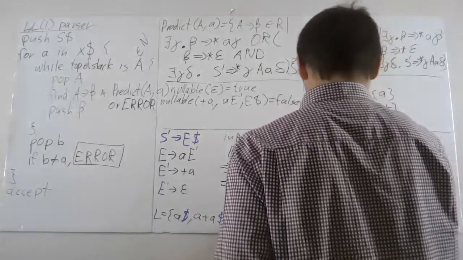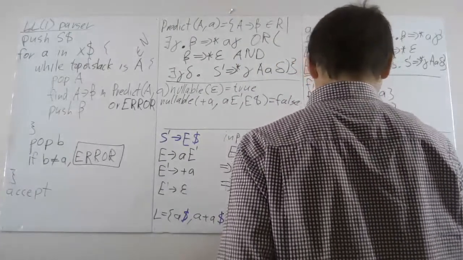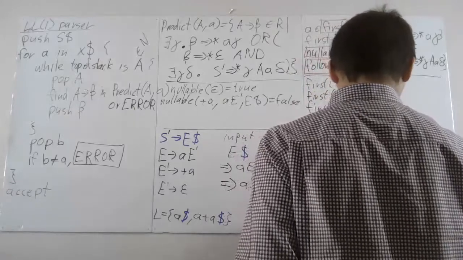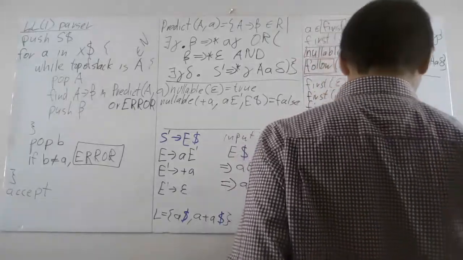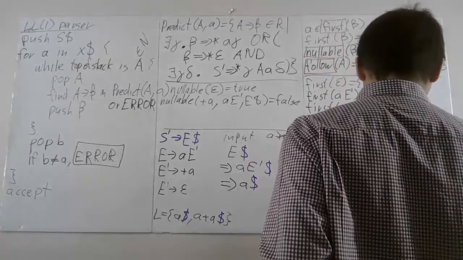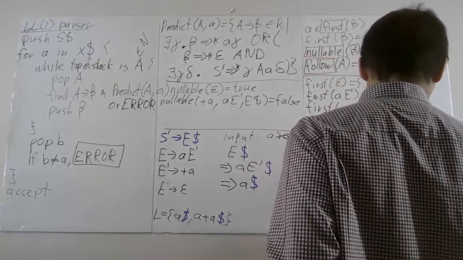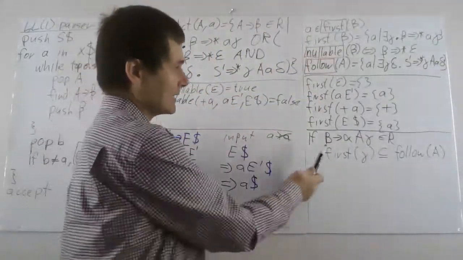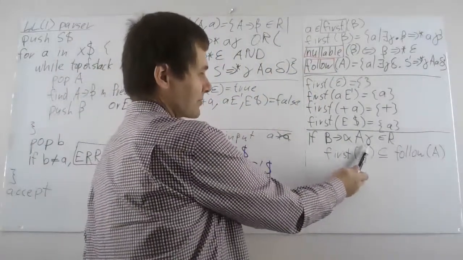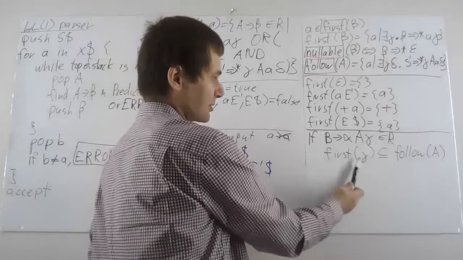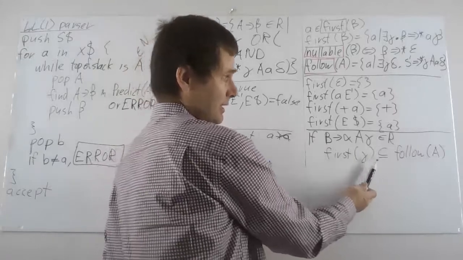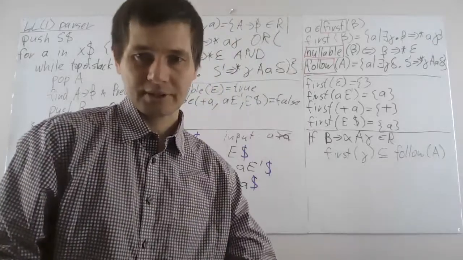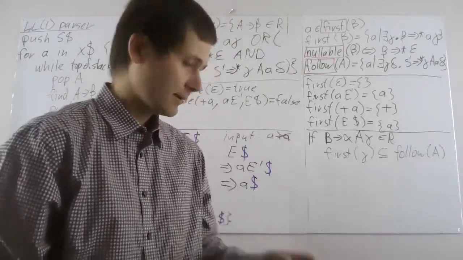And then we're going to create a constraint that says the first set of gamma needs to be a subset of the follow set of A. Okay, so this is saying anything that gamma derives, whatever terminal symbols it starts with, are possible symbols in the follow set of A. All right.